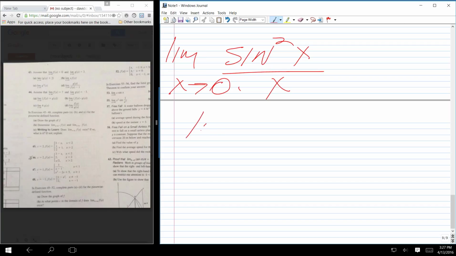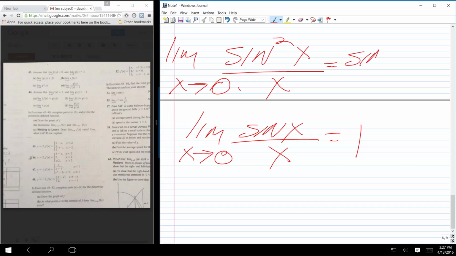They taught you that the limit of sine x over x as x is approaching 0 is equal to what? 1. Well, this thing is almost that. It's sine x times sine x, that's what sine squared x is, over x. And now I can remove that part right there.